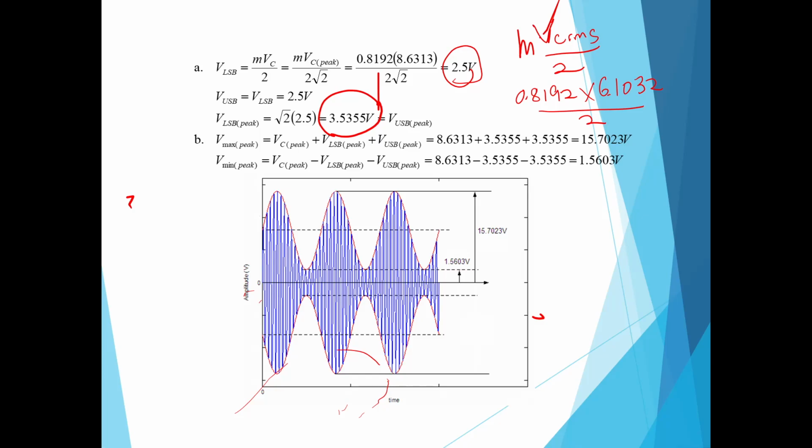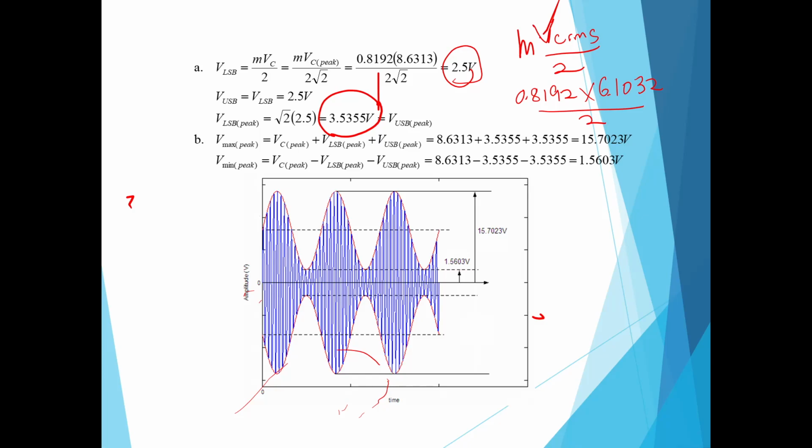Okay, sama je. Because VLSB is VM over 2. VM dibahagi 2, so dia adalah hasil tambah VLSB dan juga VUSB. This is Vmax. And VC minus VM peak value, and you get the Vmin.